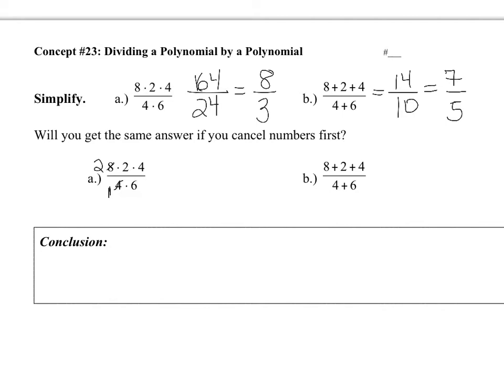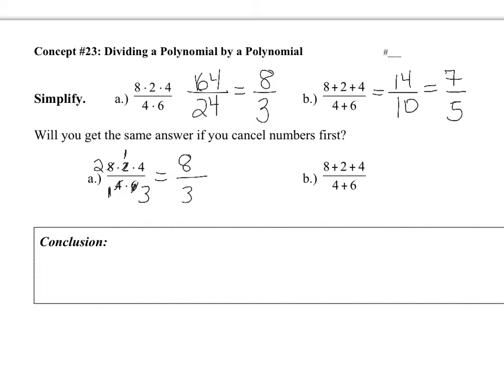And then I can look at the 2 and the 6 and the 4 and the 6, and I know, well, 2 goes into 2 and 6. So let's look at 2, 6. I could make that a 1 over 3. So now what I can do is I can just multiply 2 times 1 times 4. Oh, well, that gives me 8. And at the bottom I have 1 times 3, and that gives me 8/3.